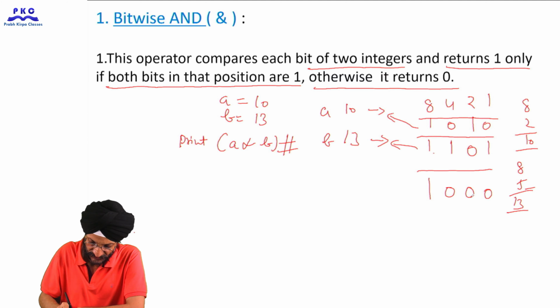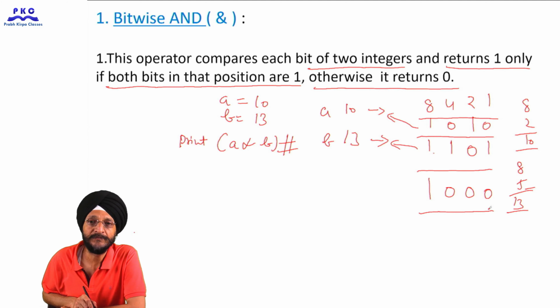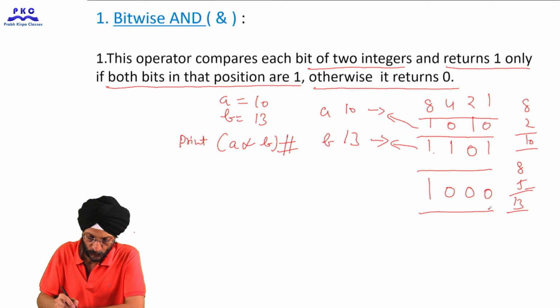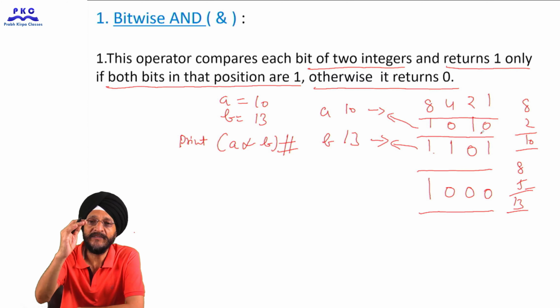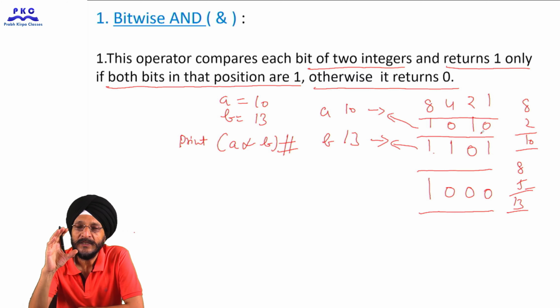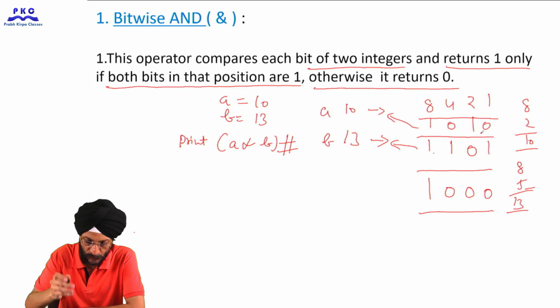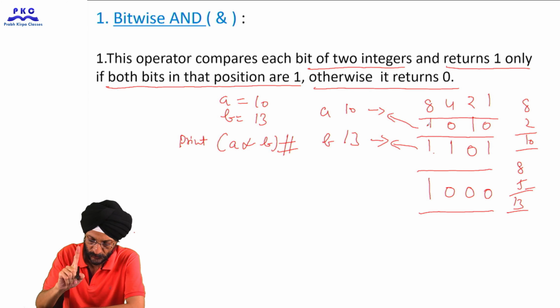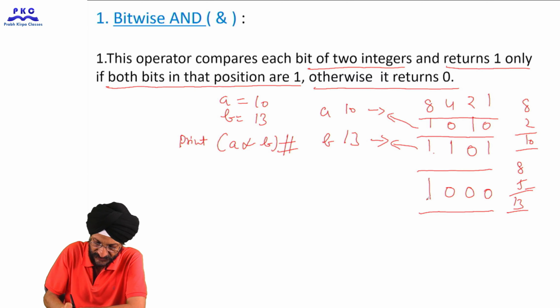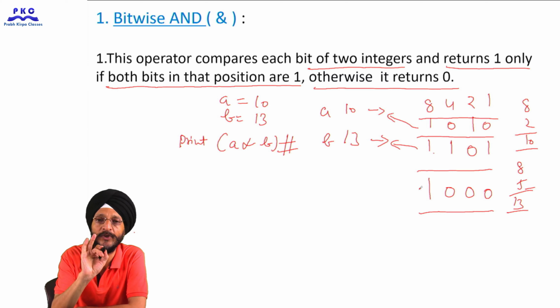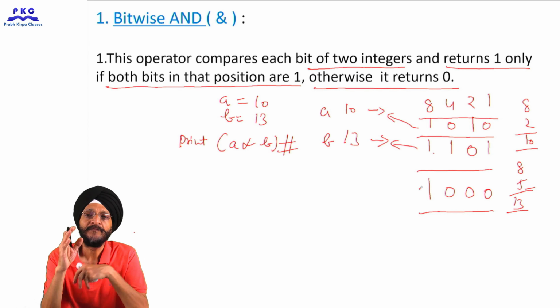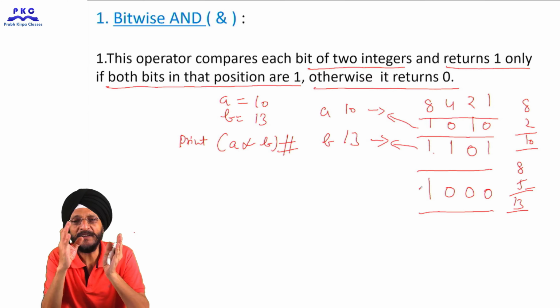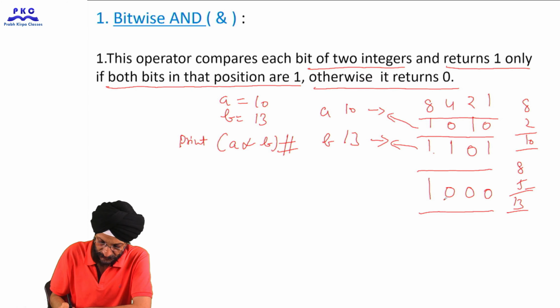So what is the result? 1 0 0, because in all other cases there are no bits which have the value 1 in both. So here we have 1 on both sides only one time, and we have written 1. This is the final binary number which we have calculated after performing the bitwise AND operation.